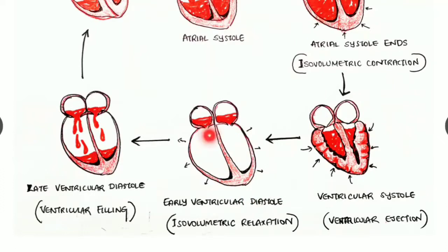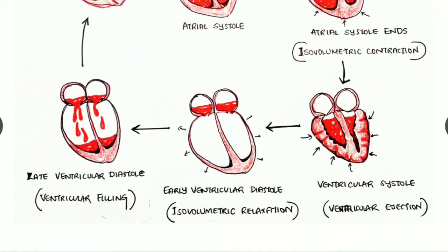And here the mitral as well as the tricuspid valves are still kept closed, so no blood is seen in the ventricles. So this is the early ventricular diastole, and it is known as isovolumetric relaxation, where the ventricles are empty.